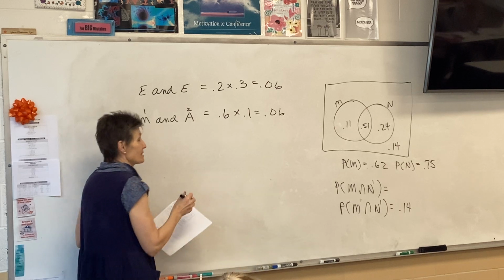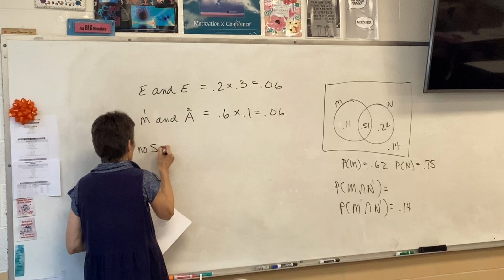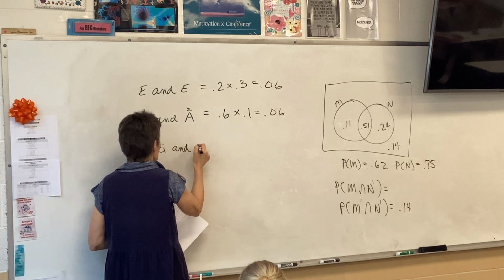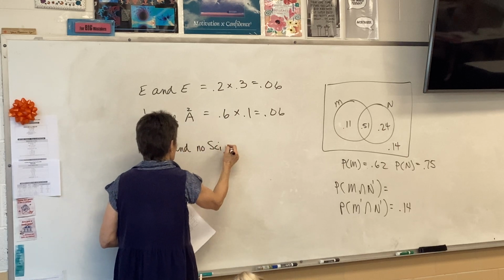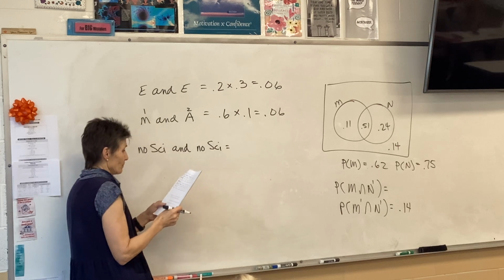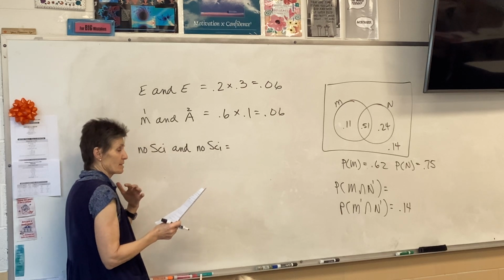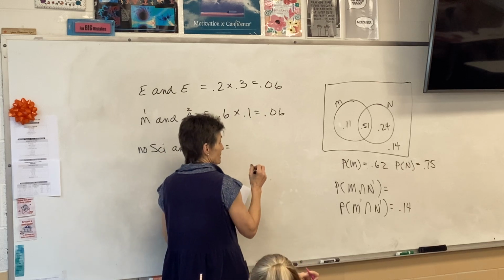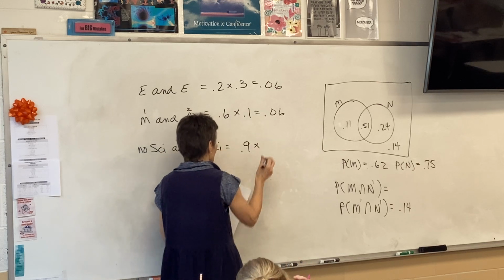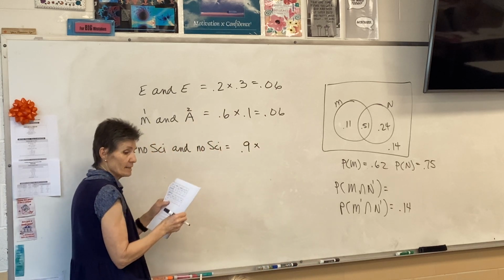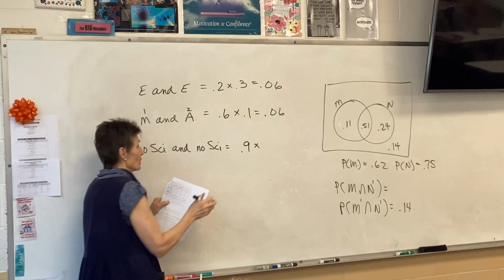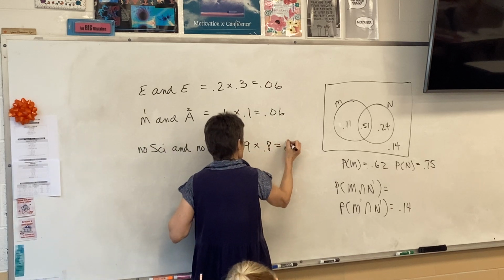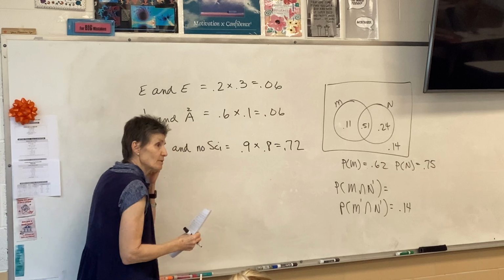Neither like science. So no science and no science. All right? So what's no science out of class 1? No science, 0.9. And no science out of class 2, 0.8. So the answer is 0.72.